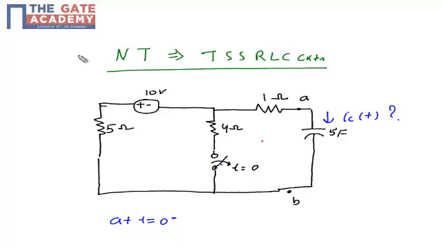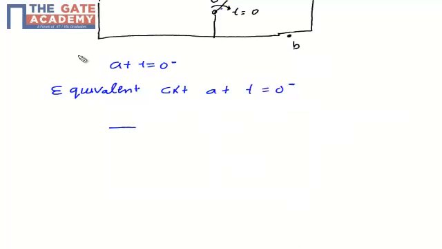So let us draw the equivalent circuit at t is equal to 0 minus. At t is equal to 0 minus, we have the same voltage source, 10 volt.